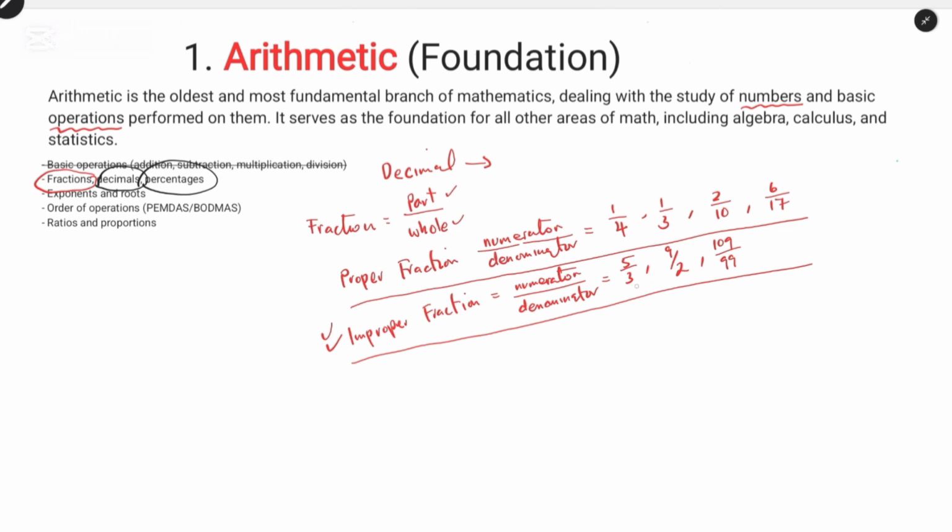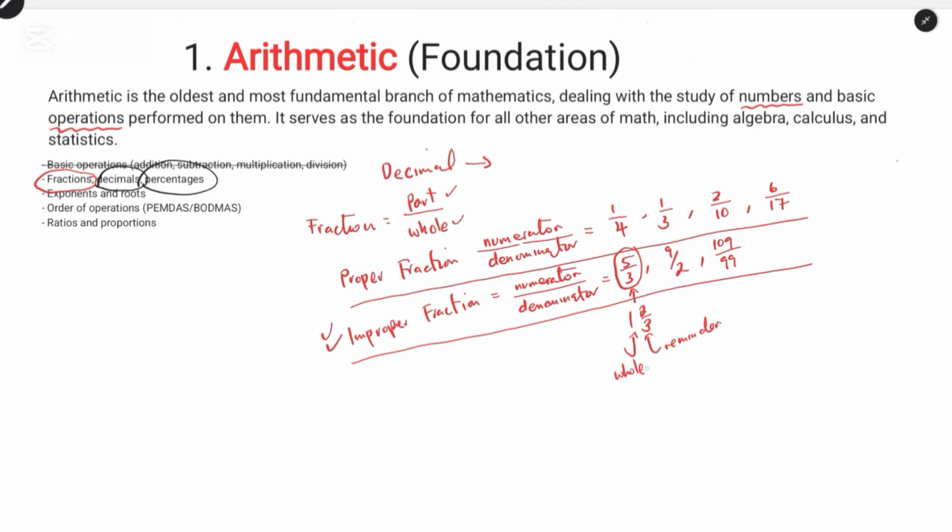When you look at the improper fraction and divide, the 3 can go into 5 only one time, and there will be a remainder. In terms of a decimal, we say 1 for this case, and we have 2/3, which now represents the remainder of the fraction.